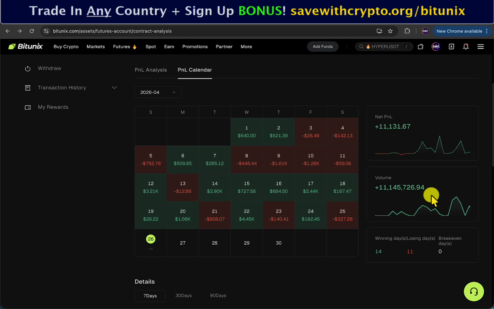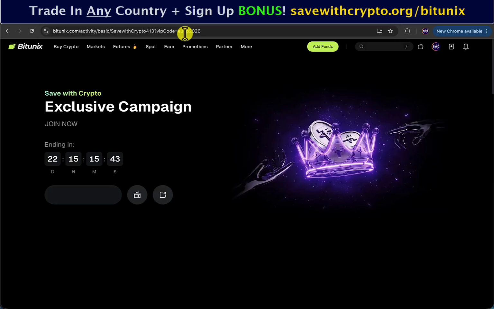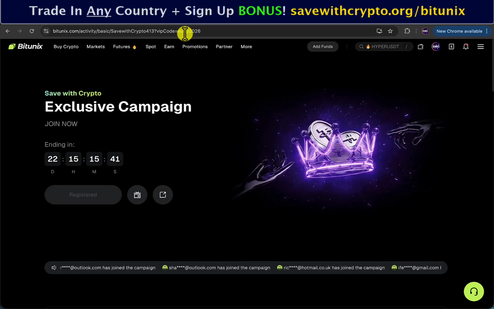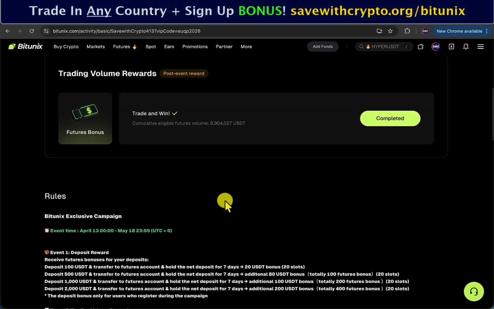Now that actually means here that my current trading volume is $11,145,726. This is quite important because we've got a campaign going on at the moment. So if you go to savewithcrypto.org/Bitunix, you'll come to our exclusive campaign. There's 22 days left here. Now if you're a new user, this is even better.